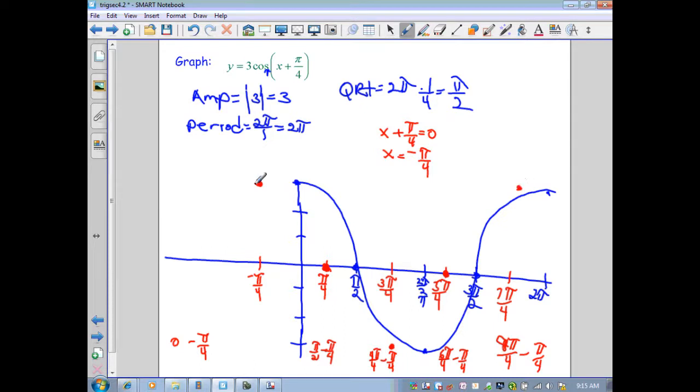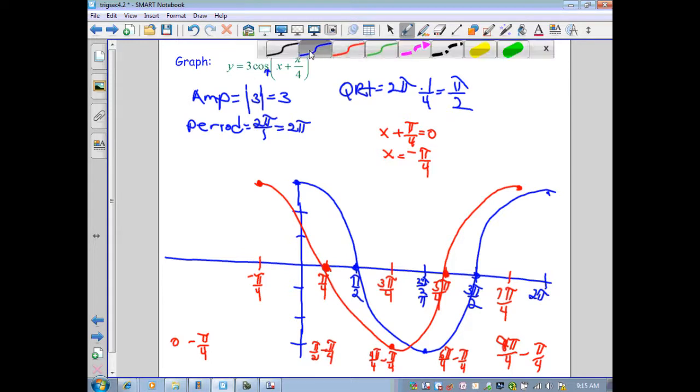Then I complete a smooth curve. So the red function is y equals 3 cosine of x plus pi over 4, while the blue function is y equals 3 cosine x without the phase shift.